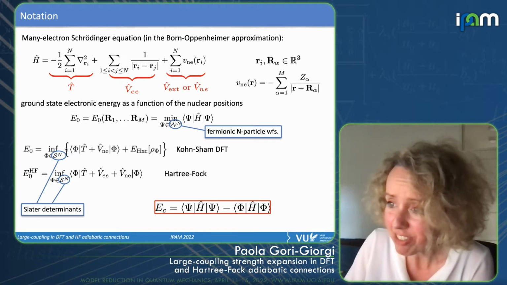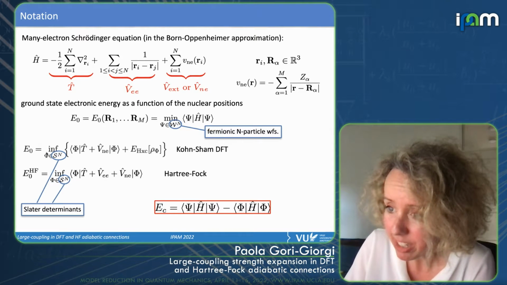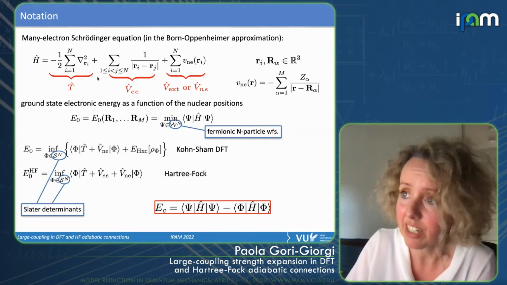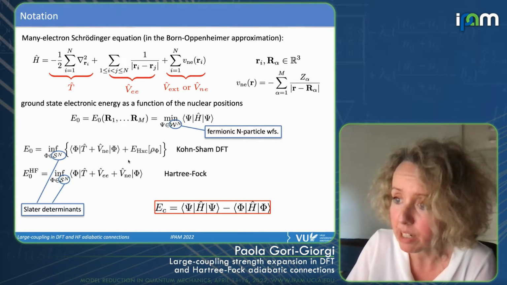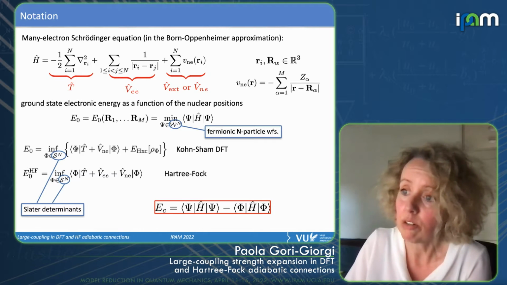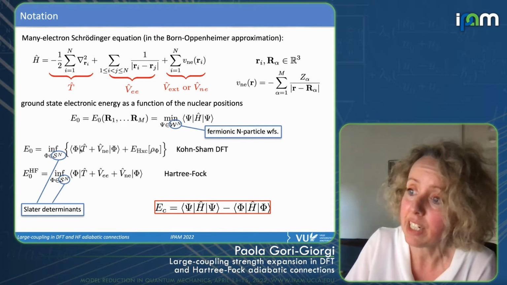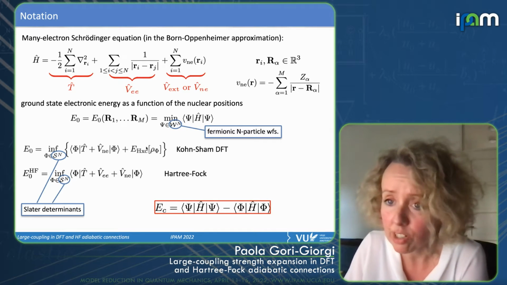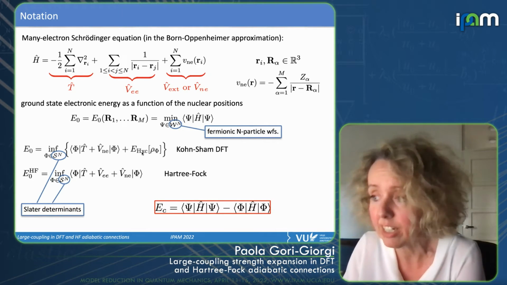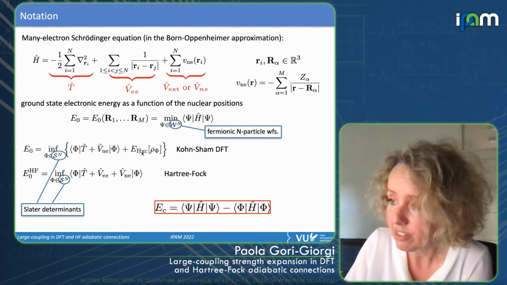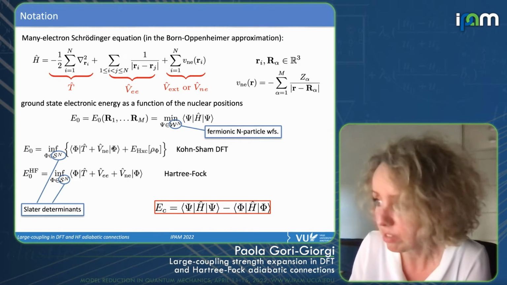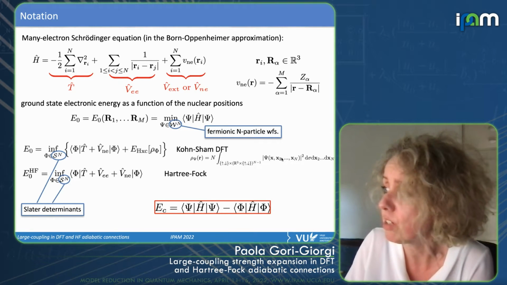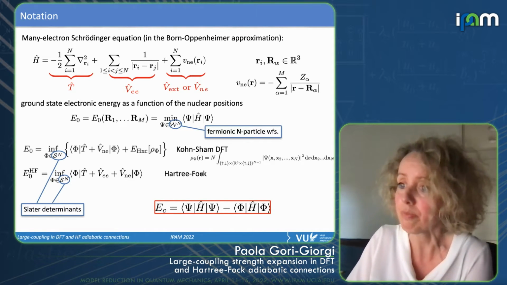In Kohn-Sham DFT, essentially, we can in principle access the exact ground state energy of the many electron Hamiltonian by minimizing over all Slater determinants the one body part of the Hamiltonian plus a Hartree exchange correlation functional that depends on this Slater determinant only through the density, and the density is just the marginal of the square of the wave function.